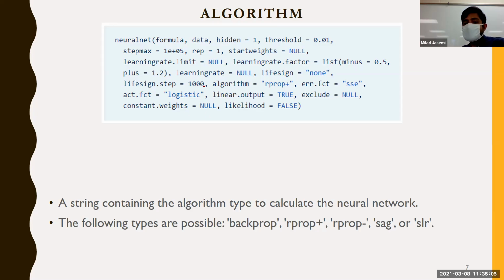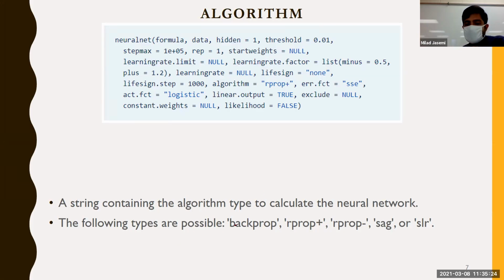The algorithms that do all these optimizations, that adjust the weights in a way that makes the predictions. All this repetition, derivatives, and they are complicated. And it's a string containing the algorithm type to calculate the neural network.